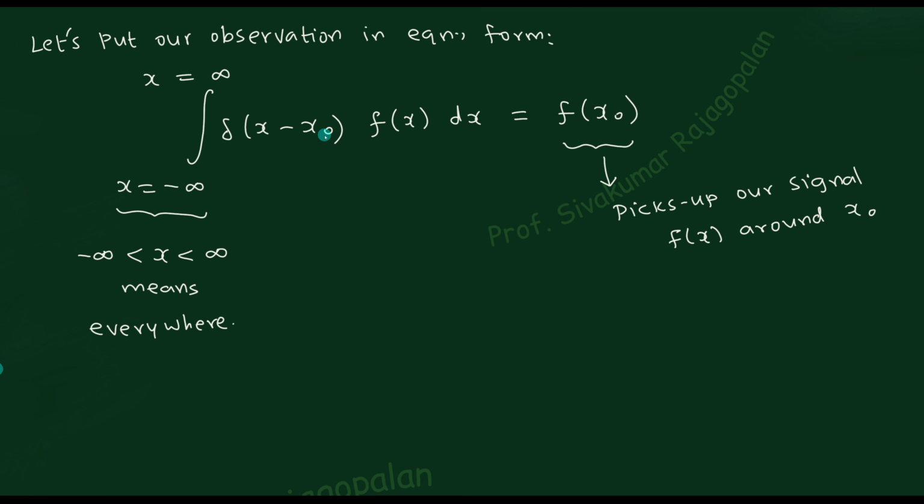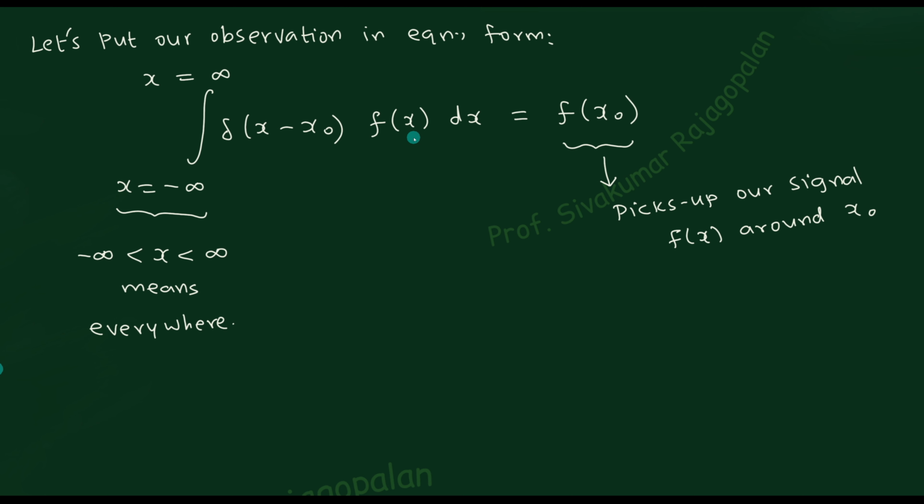So if you include it, the interesting thing this delta function is doing is that you have several data points in the region minus infinity to plus infinity. In that, this delta function selects only, you see this, f of x becomes f of x naught. What is the meaning of x becoming x naught? This is our data point.